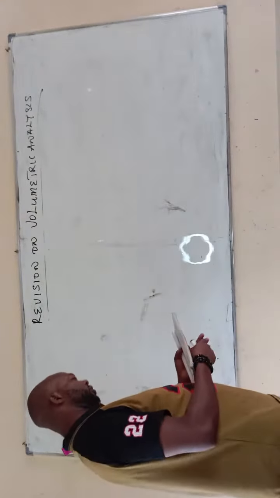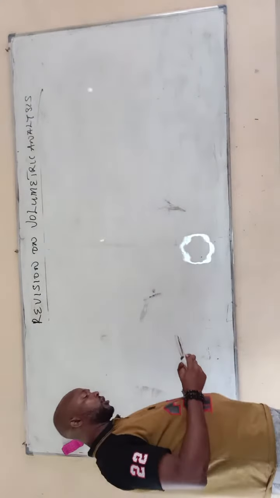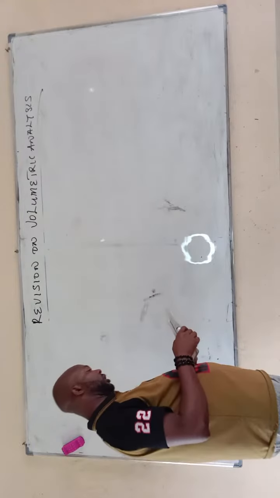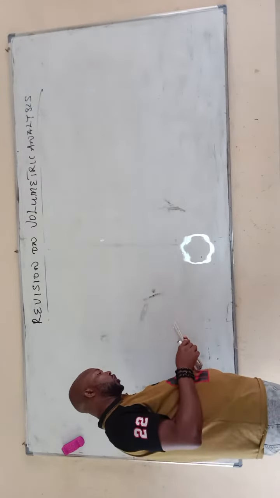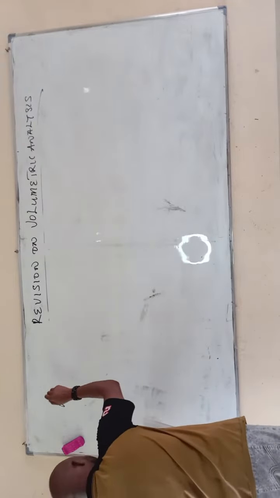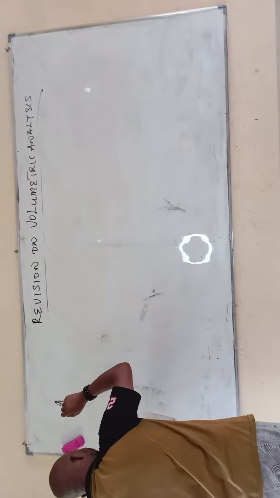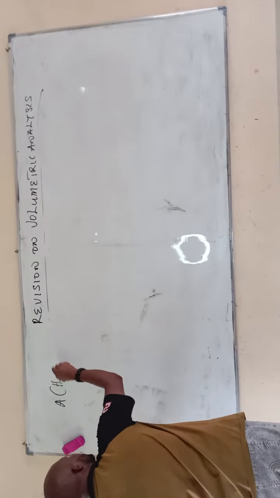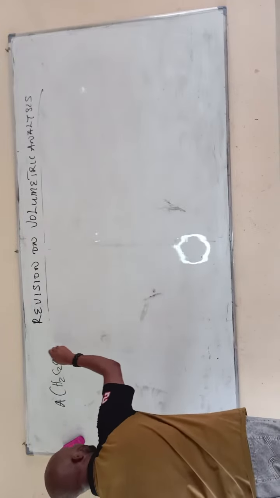Our next question. Okay, percentage purity. A is a solution containing impure ethanedioic acid, H2C2O4.